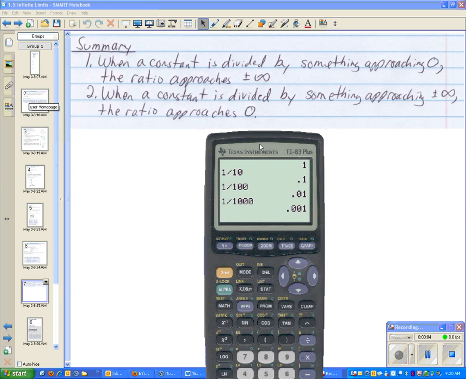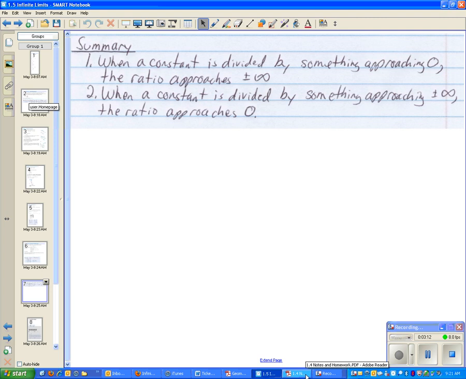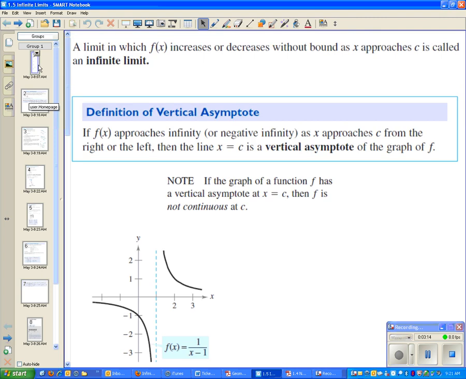All right. Then let's go back to here. So turn to page 83. A limit in which f of x increases or decreases without bound as x approaches c is called an infinite limit.